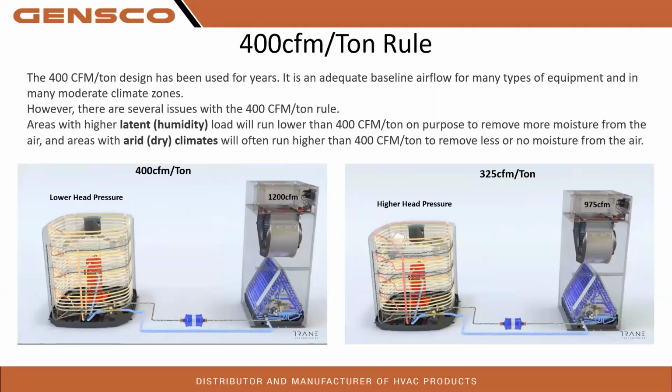A few examples of where we may need to adjust our airflow, our CFM per ton, are areas like higher altitudes where the air is less dense. Therefore, when we have less dense airflow, more air is actually required to maintain the same mass flow rate over that coil. Same thing with when we start derating our gas equipment, it's just different at higher elevations.